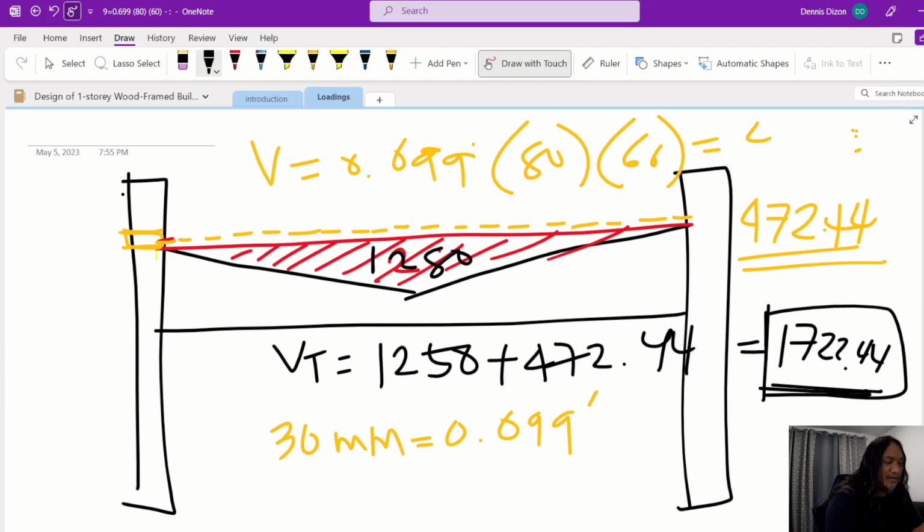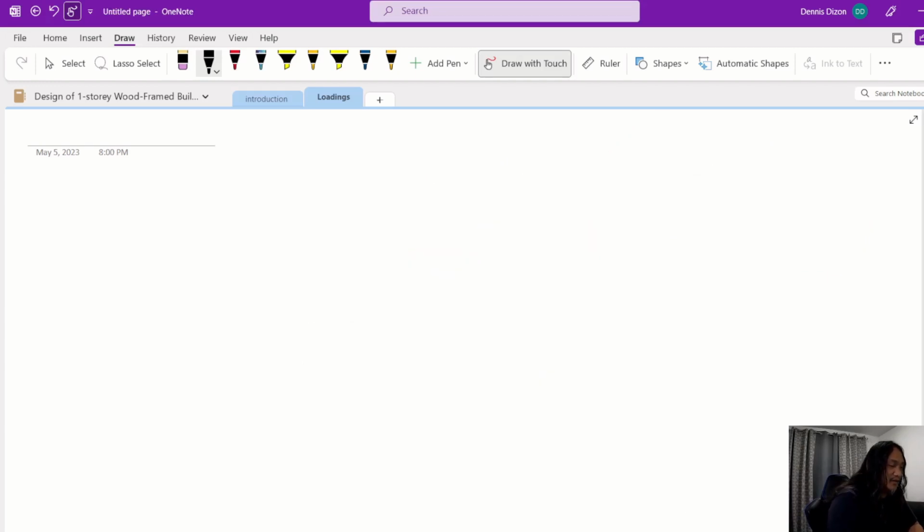So what we will do now is, instead of using this total volume, we will calculate the difference between the two. So 1722.44.